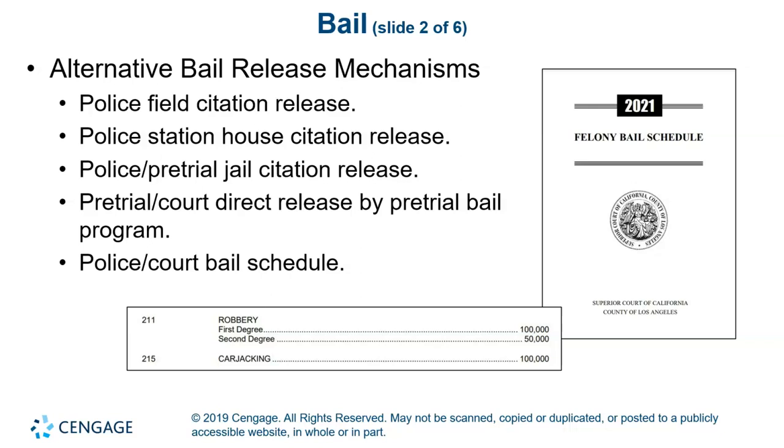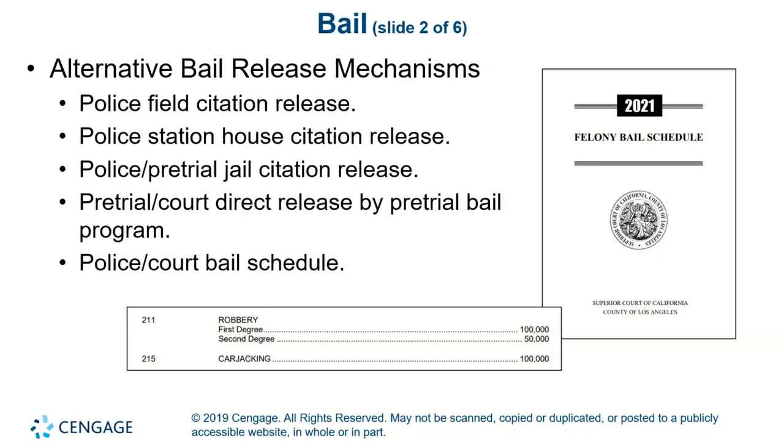Then there's a police pretrial jail citation release. And here the determination of an arrestee's eligibility and suitability for citation release and the actual release of the arrestee are deferred until after he or she has been delivered by the arresting department to jail or other pretrial detention facility for screening, booking, and admission.